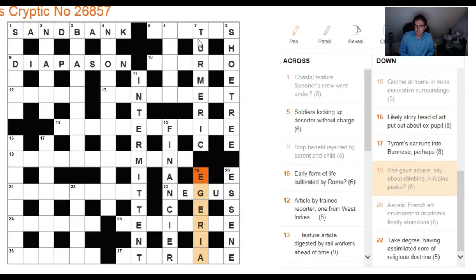And then 20 down, ascetic is the definition there, and then French art. Well, this is another piece of crossword-ese you see from time to time, and I think the way it works is it's referring to the form of "you are" in French. So if you were to say, you know, "you are great" in French, you art great might be a way of saying that, and art would be es in certain forms of the verb.